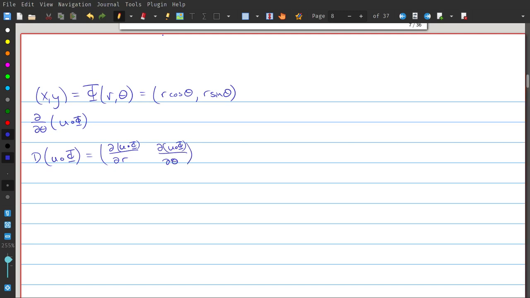So that's just by definition of D as a matrix. But by the chain rule, you would have du at phi of r theta. And then I'm just going to use a dot for matrix multiply with the D of the coordinate transformation.